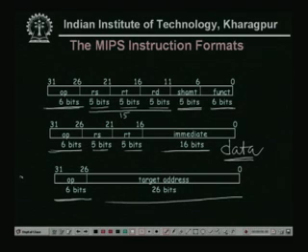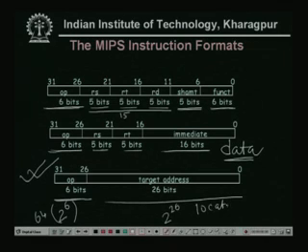So, the third one is the classical one. With a 6-bit opcode, 2 to the power 6 or 64 such operations can be specified, and with a 26-bit address, 2 to the power 26 locations are available to store the data to be operated on.